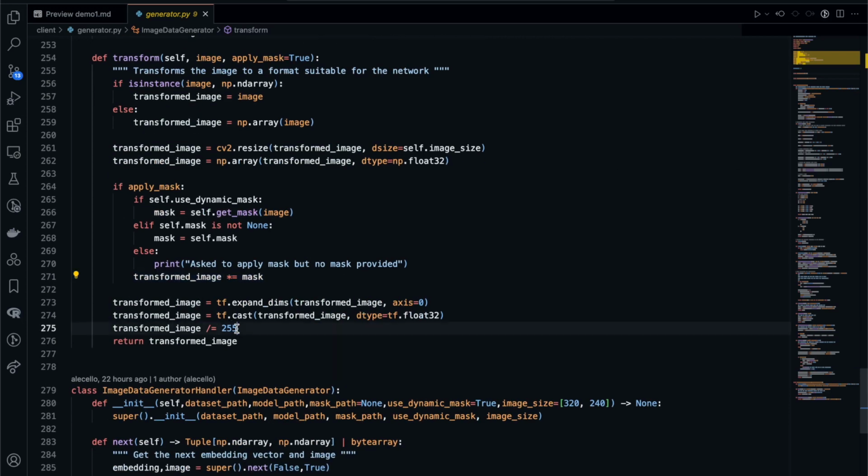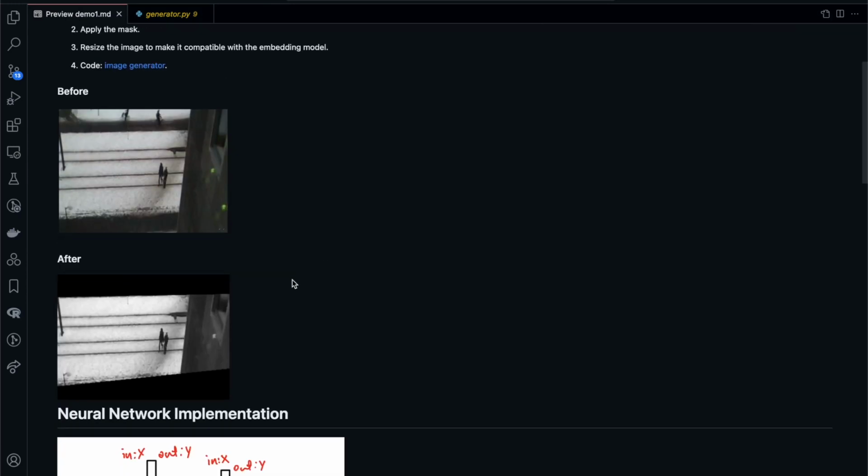And we then have an image just as a tensor or a numpy array. So the result would be something like this, where we have nice segmentations of the tracks rather than the region surrounding it.